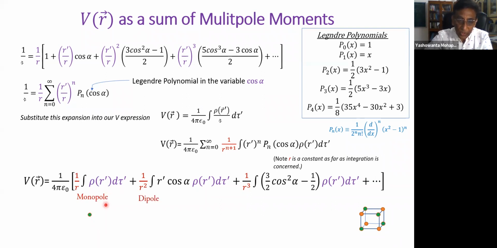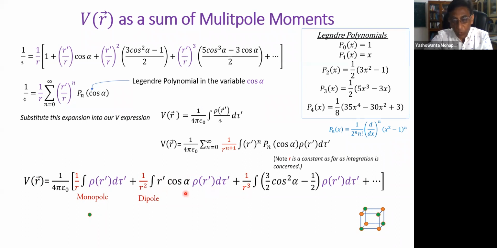Then this is called the dipole term. This is the first moment, because there is a position getting averaged over the dq. So r prime cos alpha averaged over dq, and this goes in potential as 1 by r square. So this is the dipole term.